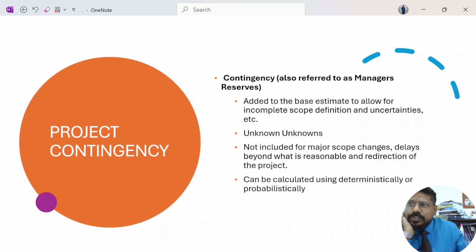Plus, risks are majorly of four types: known problem, known solution; unknown problem, known solution; known problem but unknown solution; and unknown problem and unknown solution.